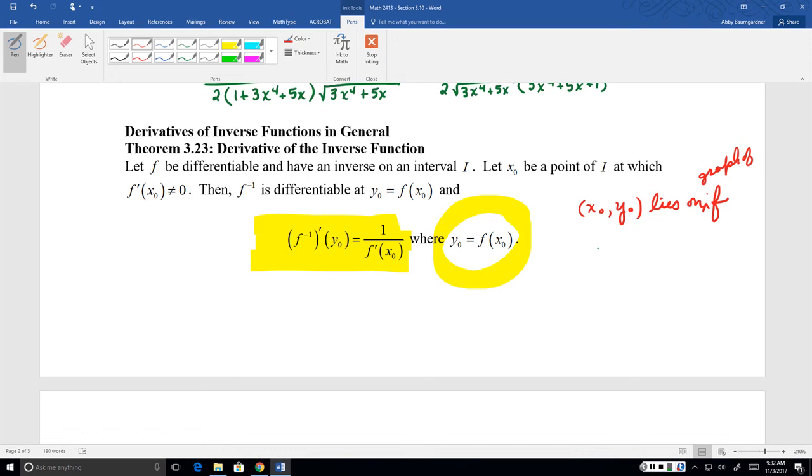So if x naught, y naught lies on the graph of f, then, wow, that is not written very well, then y naught, x naught lies on the graph of f inverse.